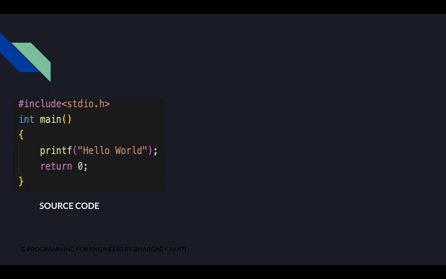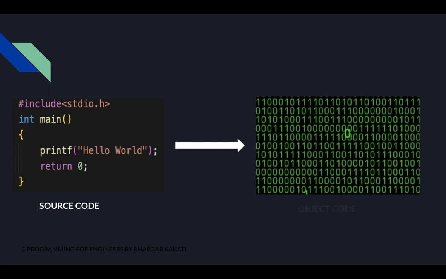But it is written in English, in a high level language. A computer does not understand high level language. It understands only one language known as machine language. So this source code is to be converted into machine language. After being converted into machine language, it is known as object code.